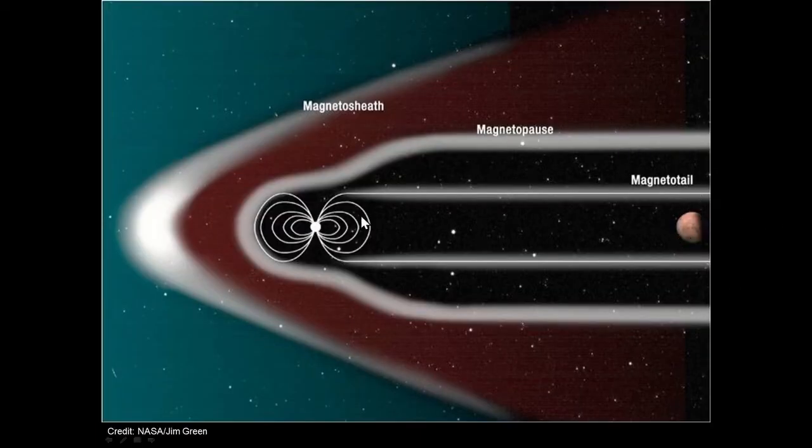But so here's Mars, the sun is over here. You could put a magnetic field right here at a Lagrange point so that it stayed in perfect position between the sun and the Earth. You could put a magnetic field right there, and it would shield Mars from the solar wind, and you could terraform Mars by creating an atmosphere.